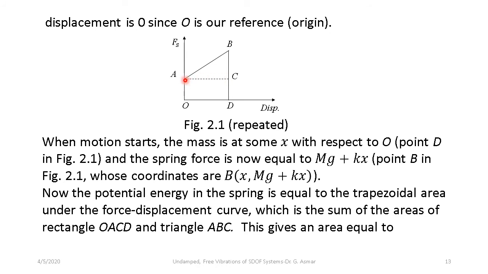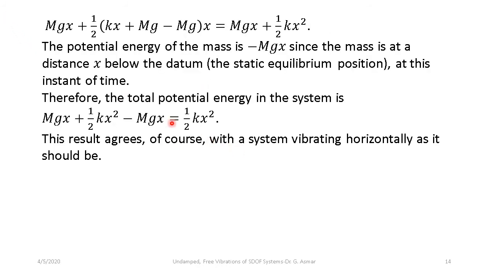We have the area of the rectangle OACD and the area of the triangle ABC. If we add the two areas, we get the following total area, the area of the trapezoid below the straight line, mgx plus 1/2 kx plus mg minus mg times x equals mgx plus 1/2 kx squared.